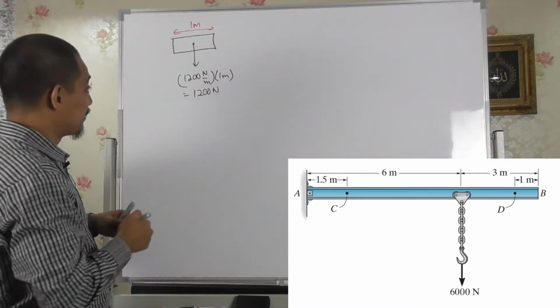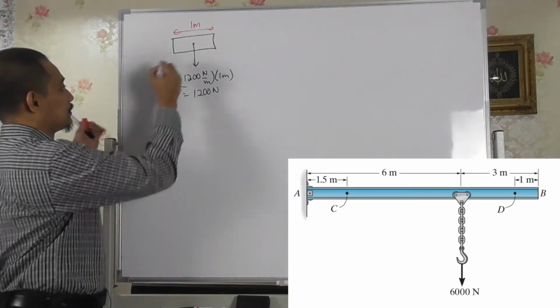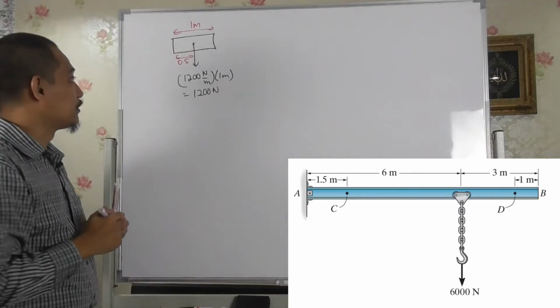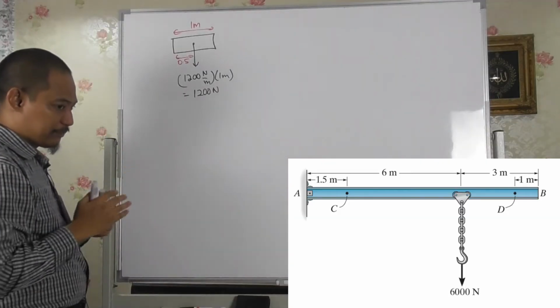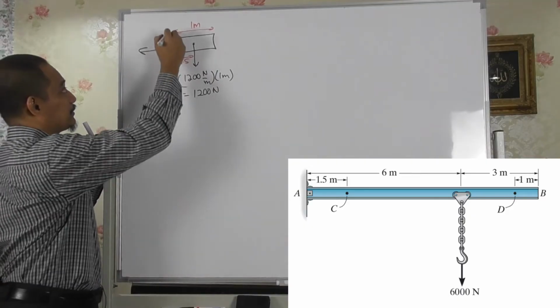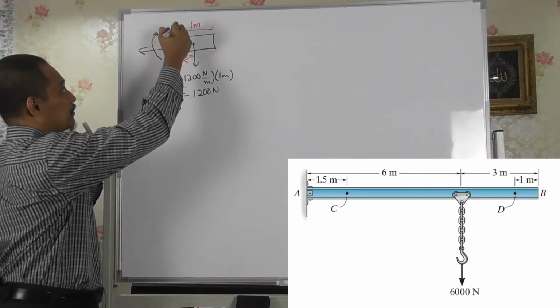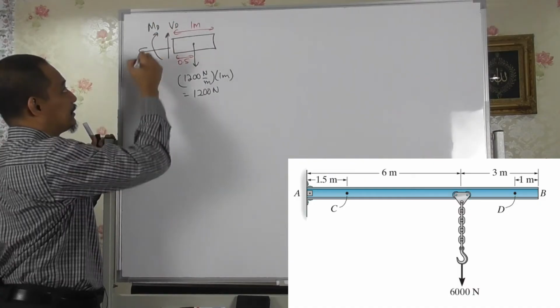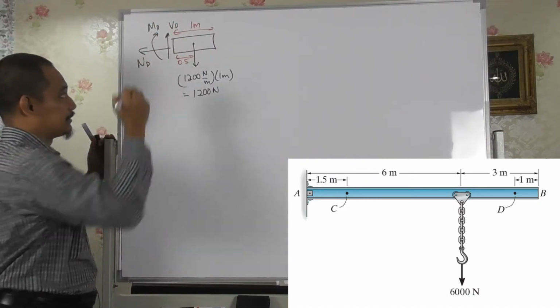And it is at the middle, so this distance will be 0.5, right? If you cut at point D, you'll have something like this. This is VD, MD, and ND.